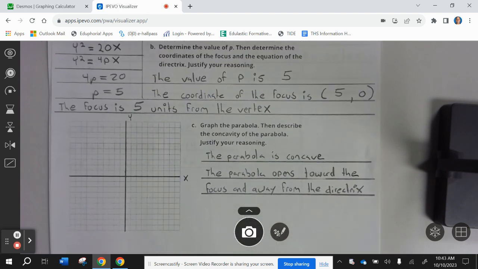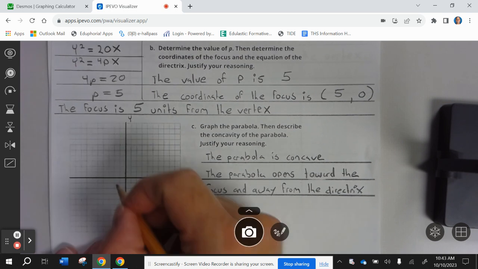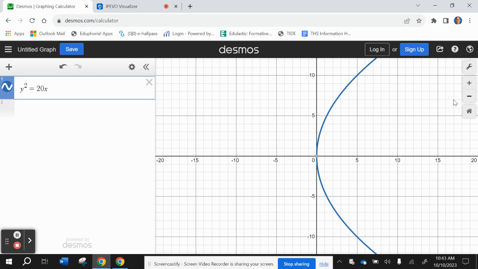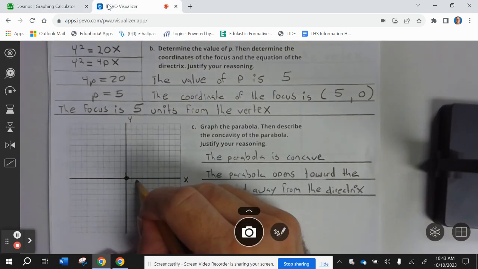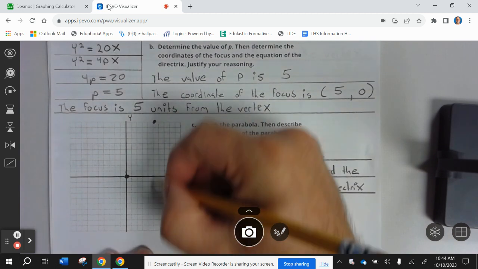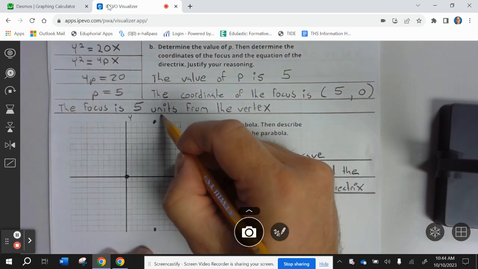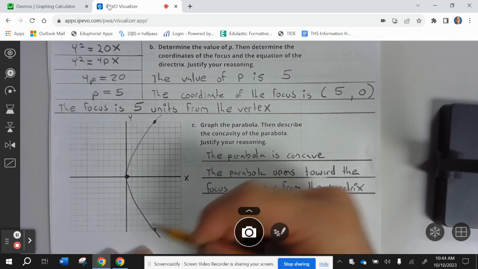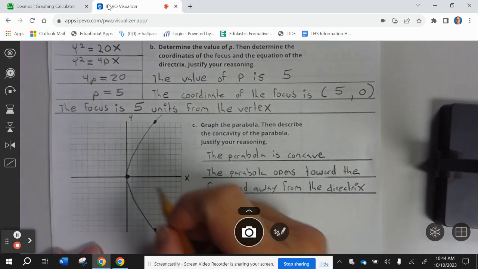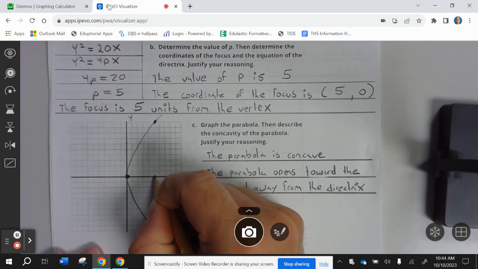Graph the parabola, then describe the concavity of the parabola. Justify your reasoning. So we know the vertex is (0, 0). Let's find a point. I'm going to zoom out a little bit. Looks like (5, 10) is a good point. So 1, 2, 3, 4, 5, 10. If (5, 10) is a good point, we know that (negative 5, 10) is a good point. We know that the focus is (5, 0), so 1, 2, 3, 4, 5.